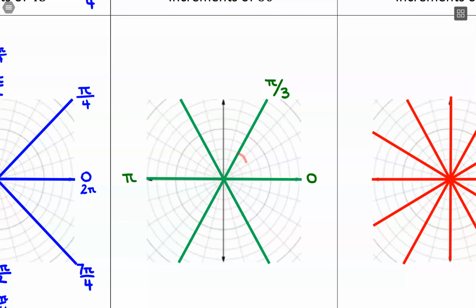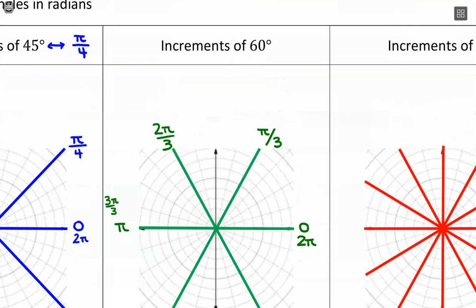It's just the idea of 1 of them, 2, 3, 4, 5, 6. So this would be 2 pi over 3. Where we're getting pi, that's the same as 3 pi over 3. We have 4 pi over 3, 5 pi over 3, and then 6 pi over 3, which is just the same thing as 2 pi. So those are our measurements for 60 degrees. That relates to pi over 3.